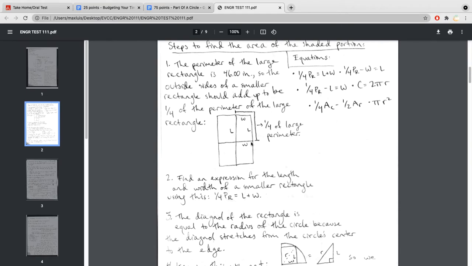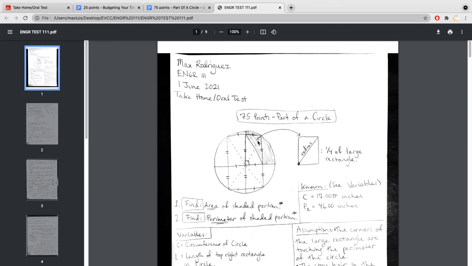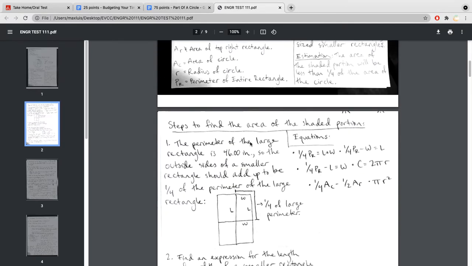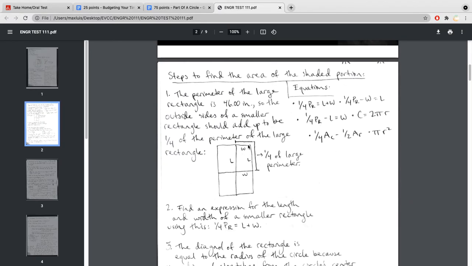Just imagine this is the top right rectangle that we were talking about. Here's the perimeter, so it's 46 in total. And this section, the width plus the length, should be 1/4 of the entire perimeter of the large rectangle. So I'm going to be going off of that for the rest of the problem.